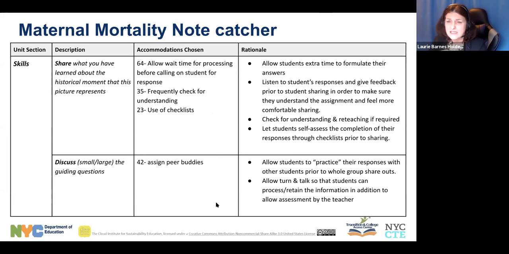And use of checklists. Our rationale is that we needed to allow students extra time, and you'll notice that many students with disabilities do have extra time as one of their accommodations written on the IEP. We also want to listen to the students' responses and give feedback prior to the student sharing, in order to make sure they understand the assignment and that they feel more comfortable sharing.